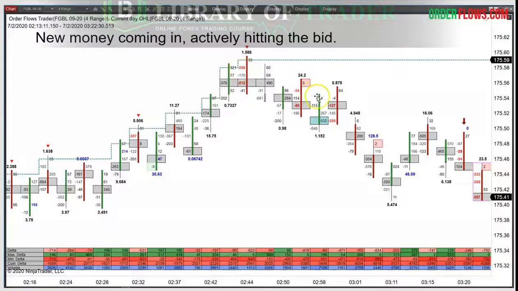New money just all hitting the bids, all hitting the bids, all hitting the bids. Here, this bar is mixed, this bar is mixed. This bar can go either way. You can say, well, that's bullish because you got some supportive buying in there. Okay, fair enough. So out of 6, 3 extremely bearish bars, all hitting the bids, and two bars that are kind of mixed here.